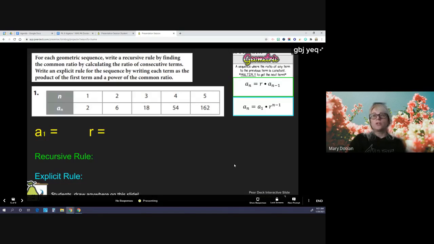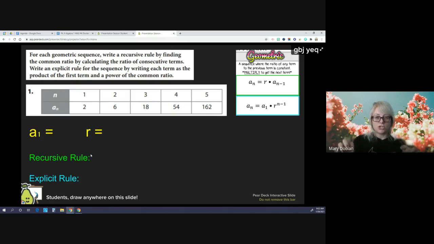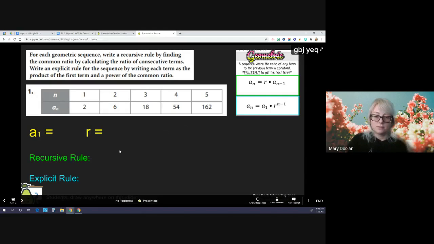All right, so we're going to do this one together. What I would recommend as we do this together is to have the Google Meet and your Pear Deck presentation side by side on your screen. You guys remember how to do that? Does anyone want me to show you how to pull tabs out of your main window and then resize them so they could be side by side?